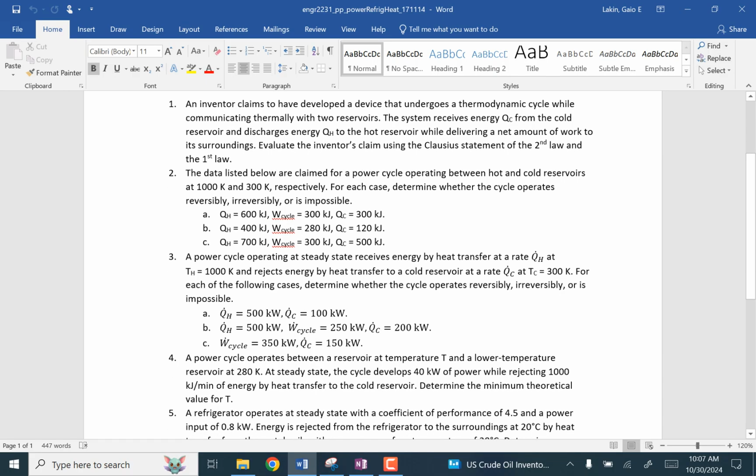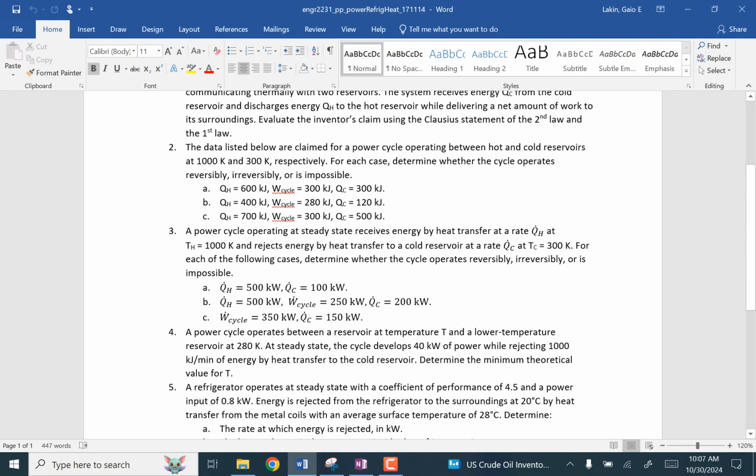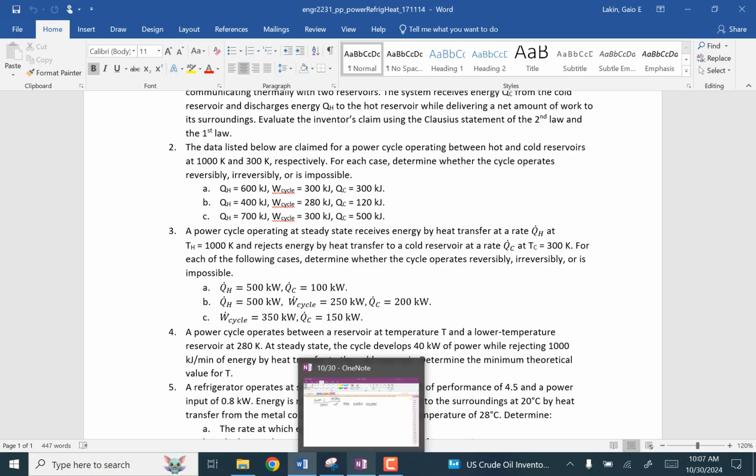I think it was by calculating the eta and then eta ideal, where I came up with a higher eta. My eta was greater than eta ideal, which should mean it's impossible, right? Right. And I said it was possible, and you said it was irreversible, I think. Okay, well, let's do that one too. Let me start at number 2.